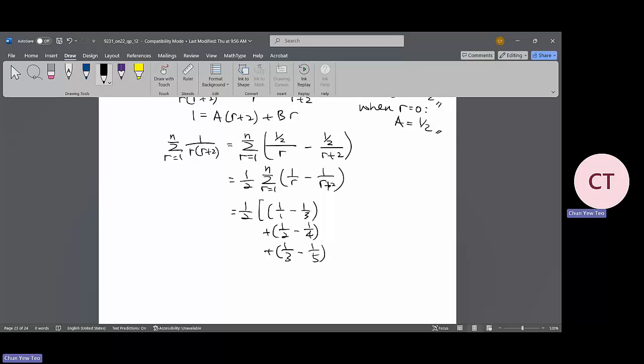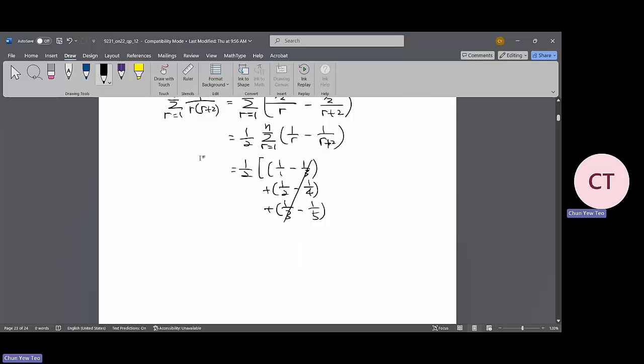So you can see that the pattern will be like this. So that means we're expecting that if you list out 1 over 4 here, 1 over 6 here, then this also can be cancelled. So the pattern continues until the last two expressions. It will be 1 over n minus 1 over n plus 2.